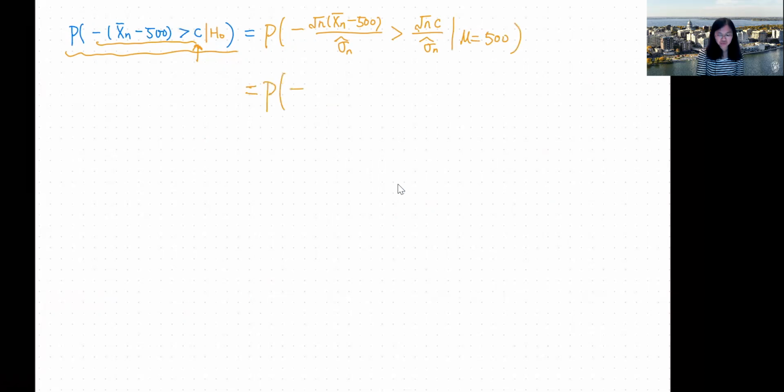And you see, when mu equals 500, this 500 is the true expectation of the data, right? That's the true expectation. So 500 is mu when mu equals 500.